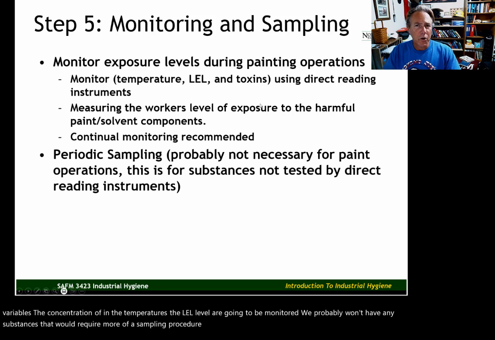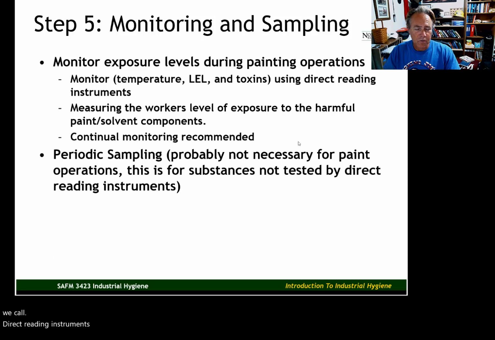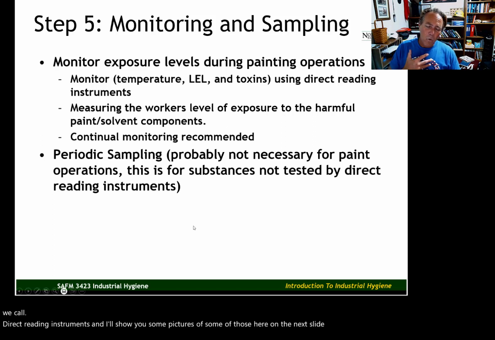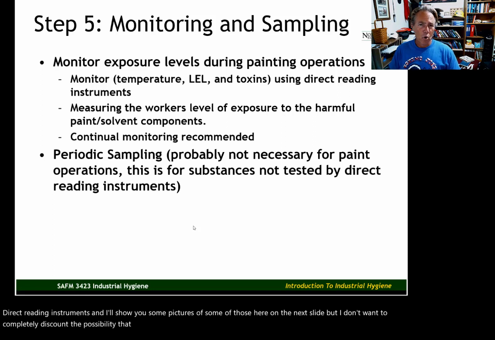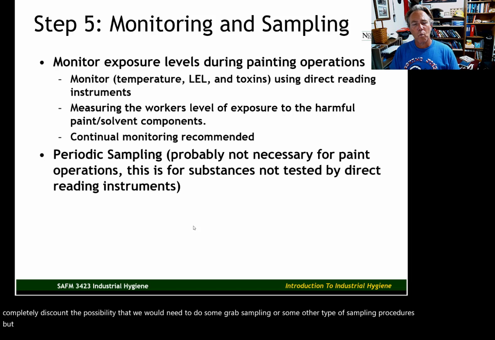Most of our monitoring could be completed with what we call direct reading instruments, and I'll show you some pictures of some of those on the next slide. But I don't want to completely discount the possibility that we would need to do some grab sampling or some other type of sampling procedures. But most of what we would be monitoring for can be done with direct reading instruments.